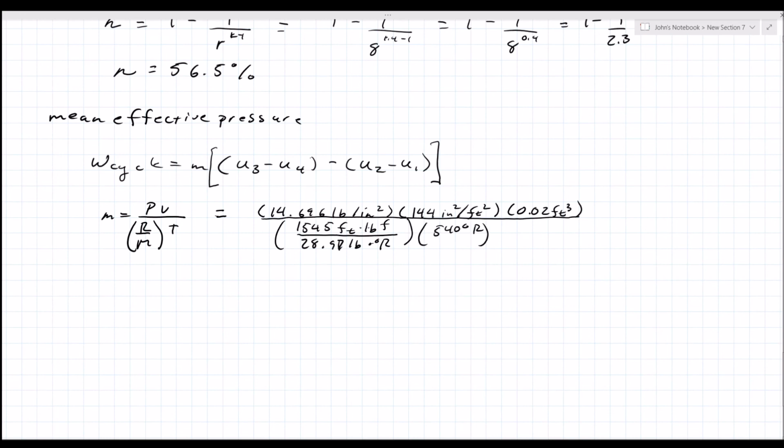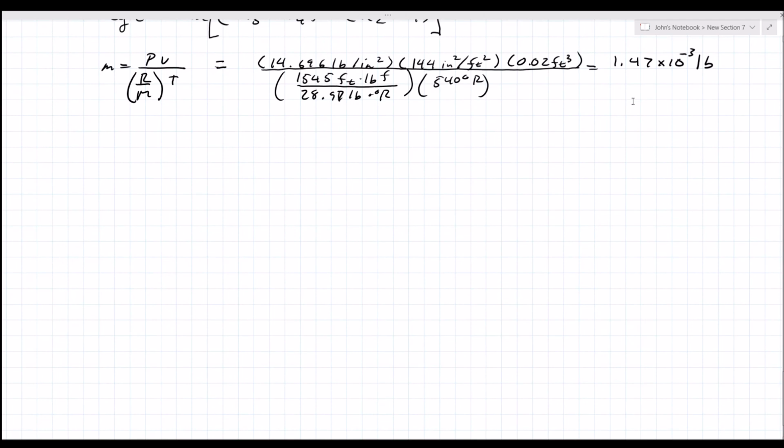This is just dimensional analysis, everything put together. We get 1.47 times 10 to the negative 3 pounds.